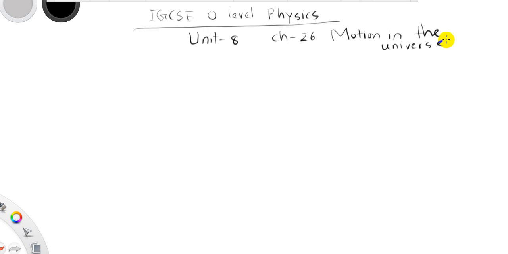First, in this chapter we have to learn about what is gravitational force. In our universe, every object attracts every other object due to their masses.